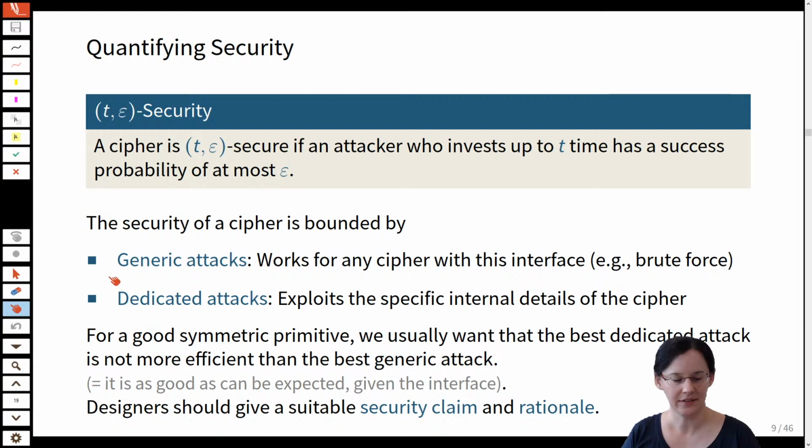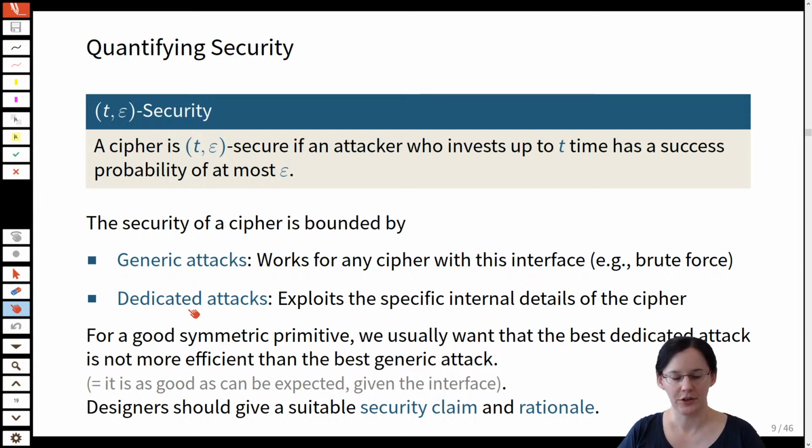And then there is what academic cryptographers are very interested in, namely whether there are any dedicated attacks which are better than the best generic attack. So in other words, are there any weaknesses in the cipher that allow an adversary to recover the key or do some other attack faster than the best generic attack?